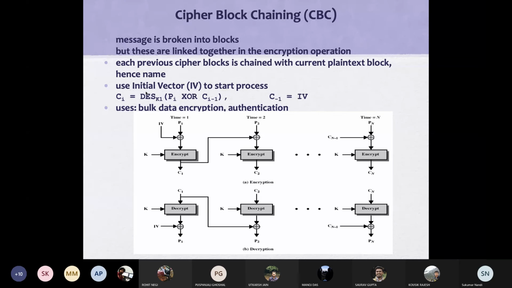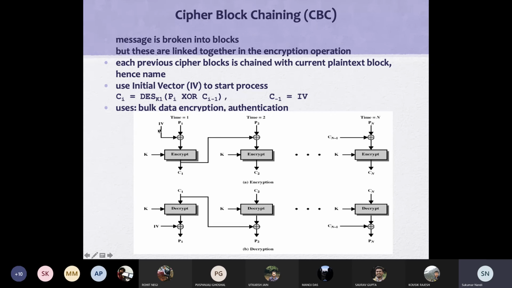So each previous block is chained with the current plaintext block, in such a way that a chain concept exists. For example, the initial block P1 is picked up, and we join it with one term called the initial vector, IV, so that the plaintext as it is does not go for encryption.